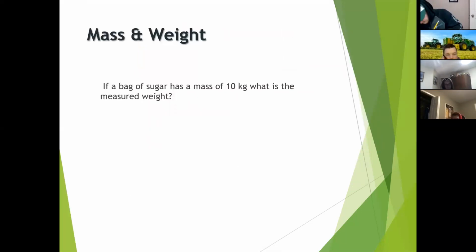On that note, if a bag of sugar has a mass of 10 kilograms, what is its measured weight? Take a minute. Take, I mean, a second. For those of you who are really quick at math, yeah. 98.1 is our fancy answer. Okay.